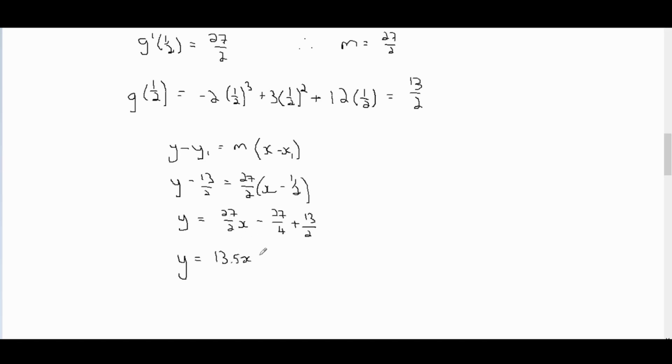You can leave it in that form. I don't think the form matters that much. Minus, and then this one I have to simplify. Of course, you can type this in your calculator. This becomes 26 over 4. Oh, that's a minus, so it's 1 over 4, which is just 0.25.